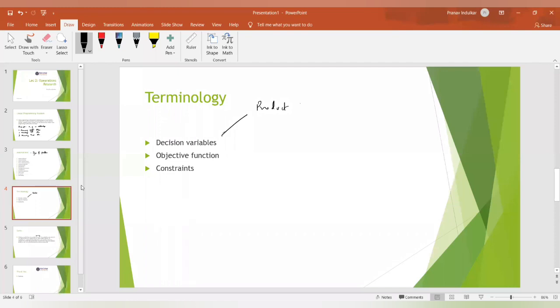Let's say there are products A and B. How will we establish a relationship between A and B? We are going to make imaginary variables called x and y. We consider A as x and B as y, so that we establish a relationship.